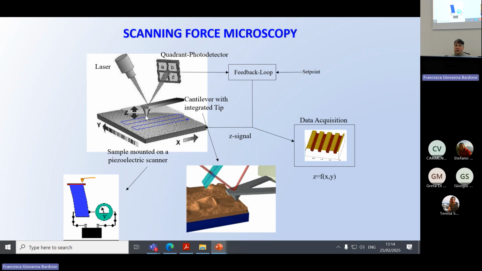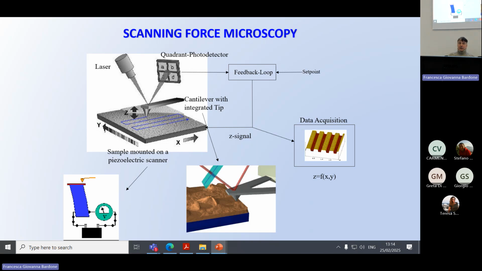This is the probe. It's a mechanical nanometer-size probe, which is facing the surface of your material. The probe can be moved in X and Y, and point by point, you can acquire an image. It is a scanning principle.